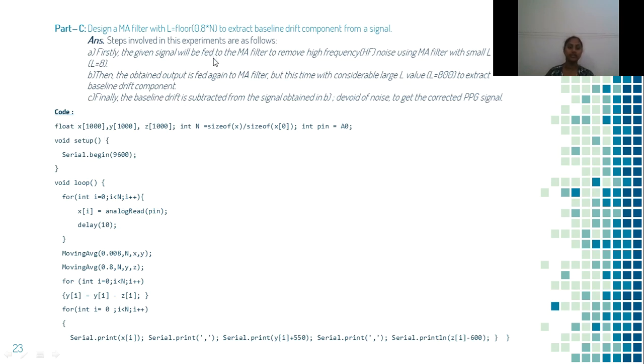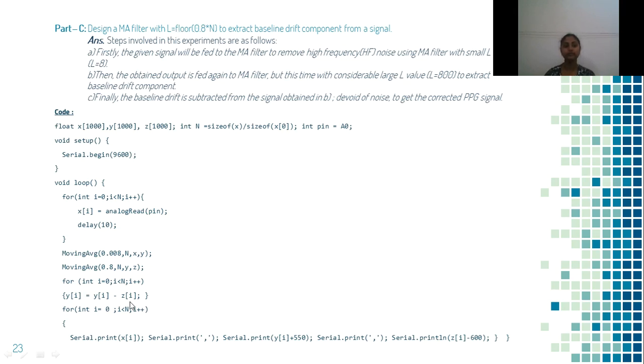So the system communicates at a baud rate of 9600, and this is the analog pin. We will be getting the PPG signal through a loop and a delay, and we'll be doing the averaging function with L equal to 8 samples and an averaging filter with L equal to 800 samples, because here we'll get L equal to 0.8.